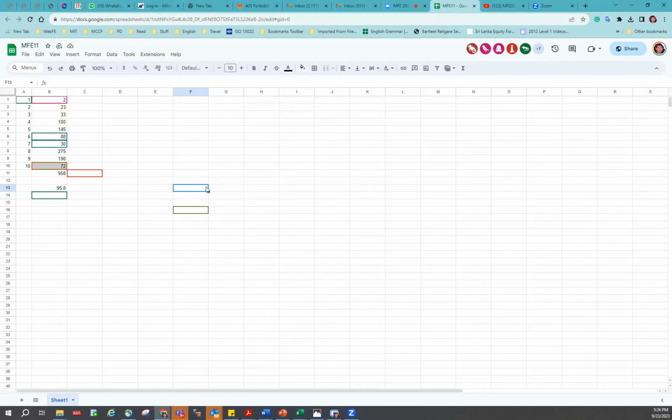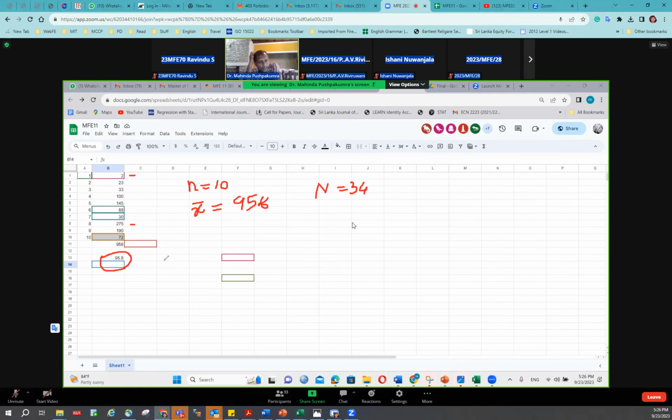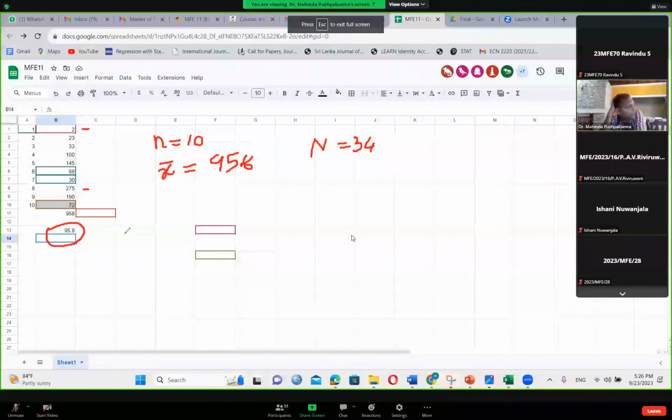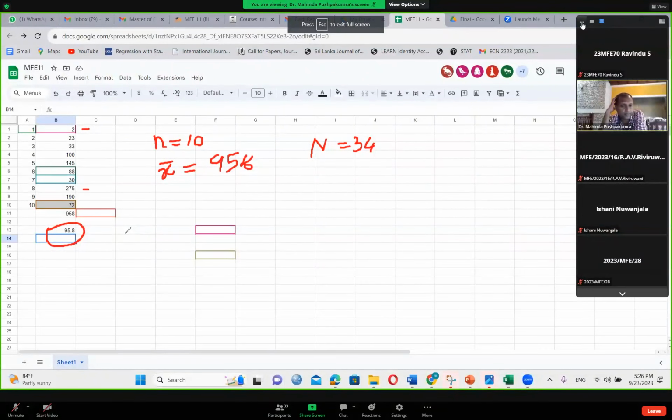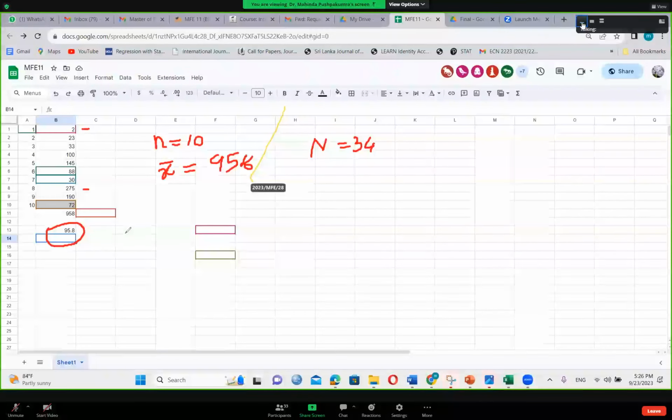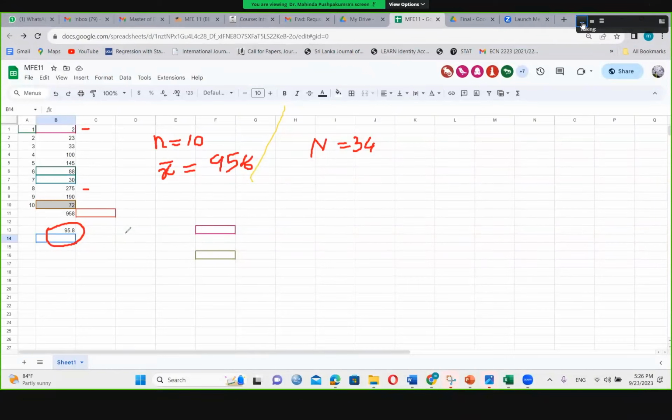This value is applicable only for your sample. You can say in your sample, the average number of WhatsApp messages is 95.8 for 5 hours.